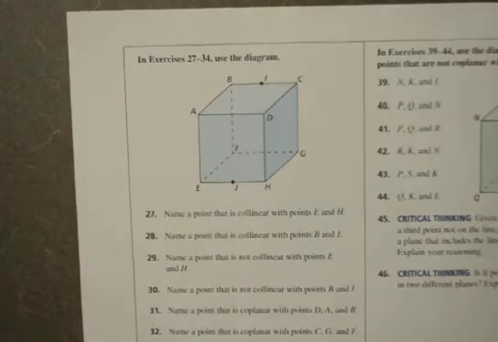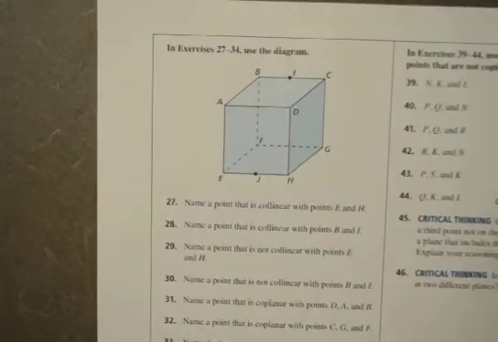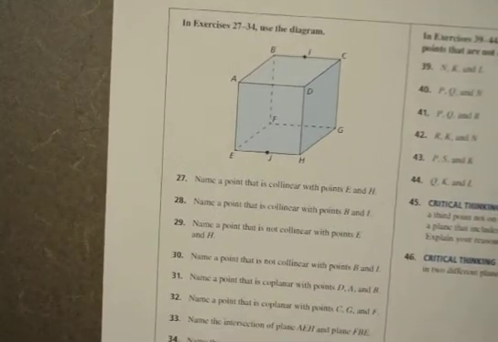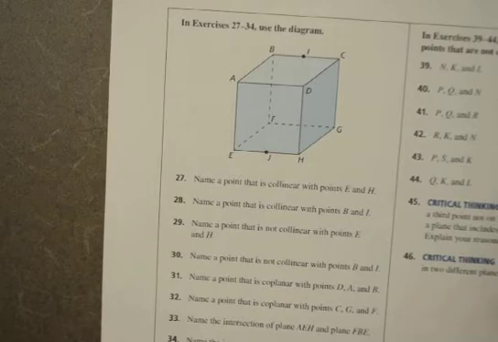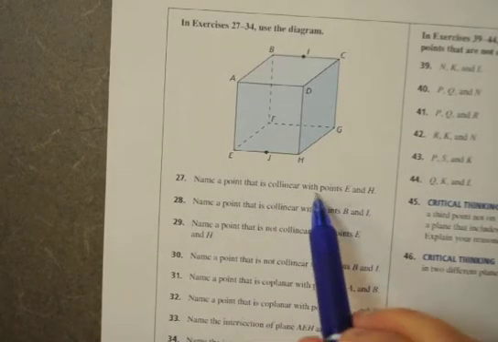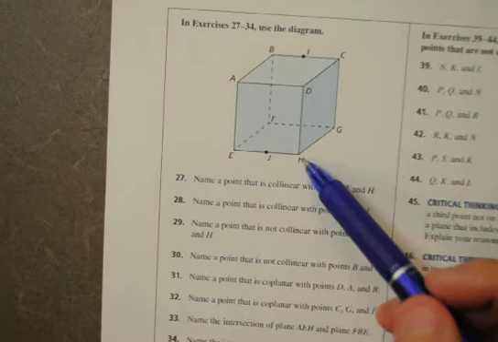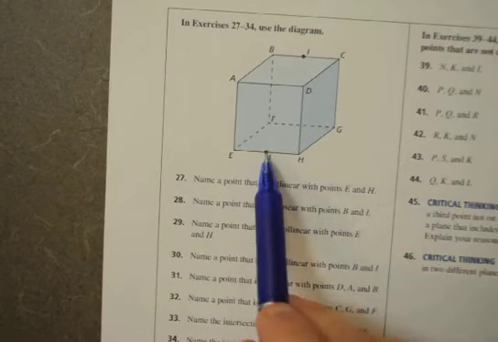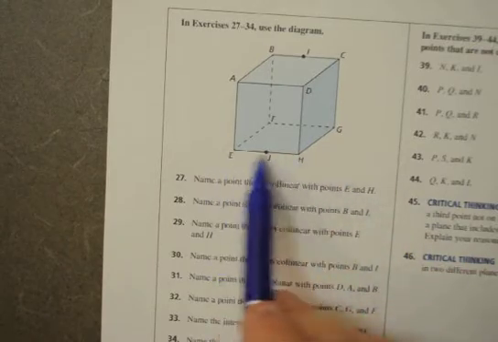Alright. Moving on to the back page here. We've got the cube like there was in the notes. Let's just go through. Name a point that is collinear with E and H. So E and H, J would be on that line right there.